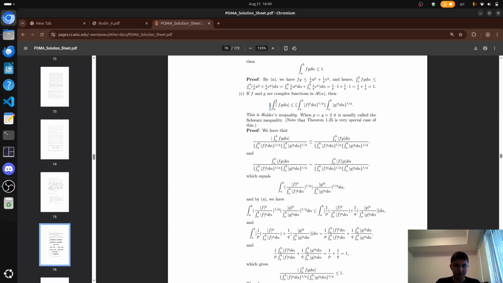Get this thing over here. And how we prove it is we use the fact that the absolute value of the integral is less than or equal to the integral of the absolute value.